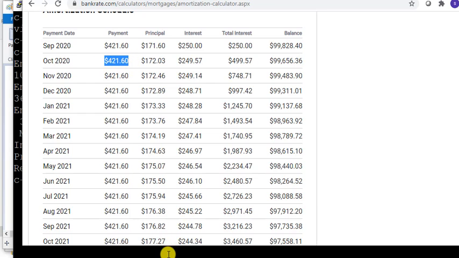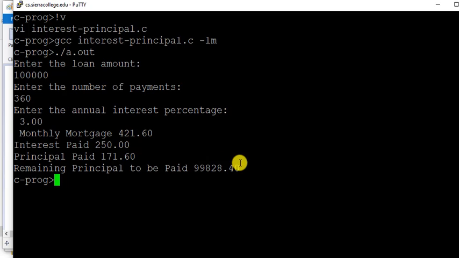So how do I calculate the second month? The second month is the same. It's just that now the calculations will be based on this new loan amount. The way you calculate interest is based on this amount. You continue doing that, right?